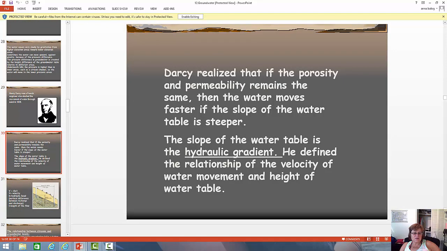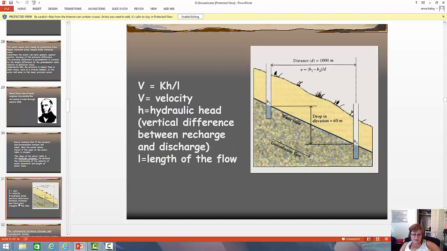right here. That's the hydraulic gradient. So if I asked you how do you calculate the hydraulic gradient, you got to know it's right here. The hydraulic gradient, or the speed of the groundwater, is K times H over L, where H is the elevation difference between two wells, and the L is the distance between the two wells, and the H basically is the elevation difference, we also call it hydraulic head.